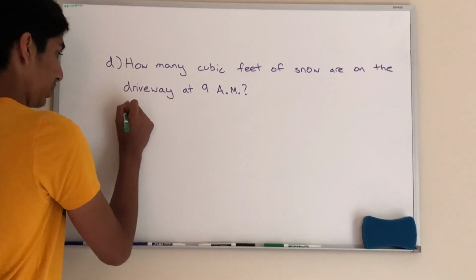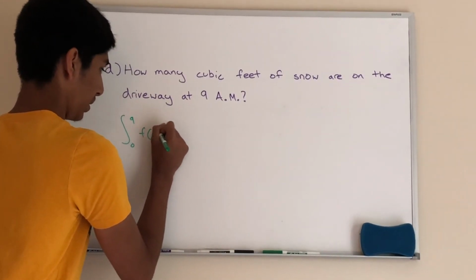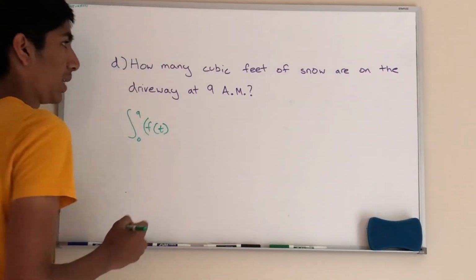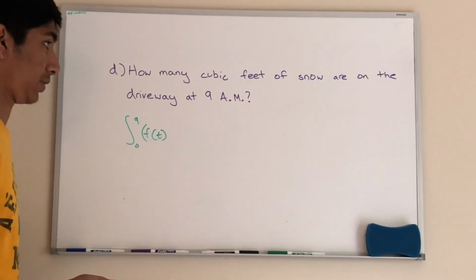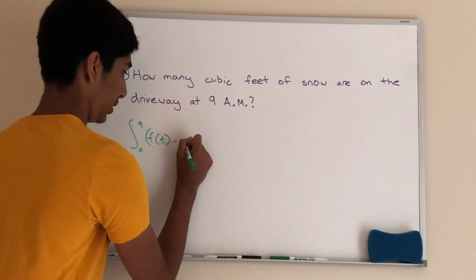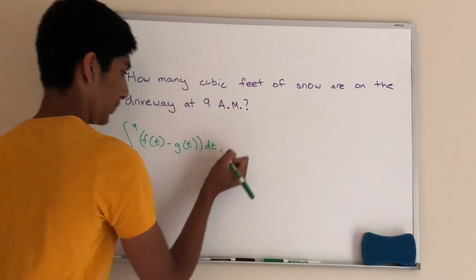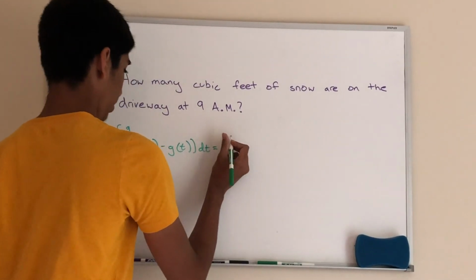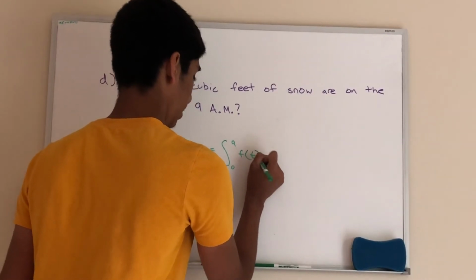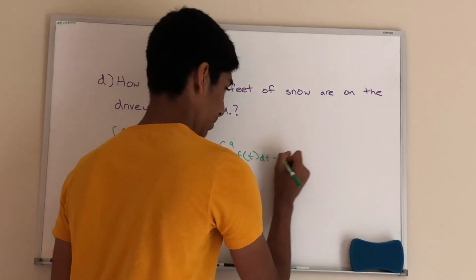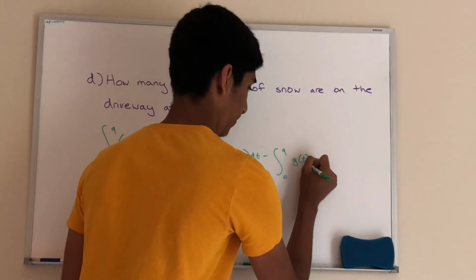So we can take the integral from 0 to 9 of f of t, and then we also have to subtract the rate at which Janet is removing the snow, which is described as g of t. So minus g of t, times dt. Then if we split the integral, we get the integral from 0 to 9 of f of t dt minus the integral from 0 to 9 of g of t dt.